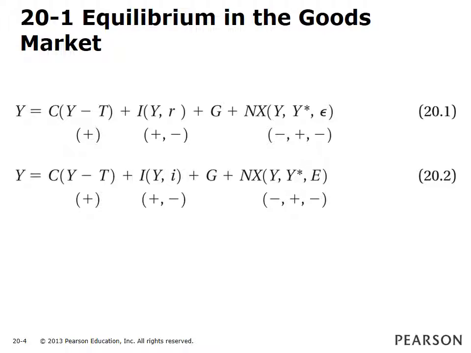Secondly, because of fixed prices, actual and expected inflation is zero. This makes the nominal interest rate I and the real interest rate R the same. Equation 20.2 says goods market equilibrium implies that output depends negatively on both the nominal interest rate and the nominal exchange rate.